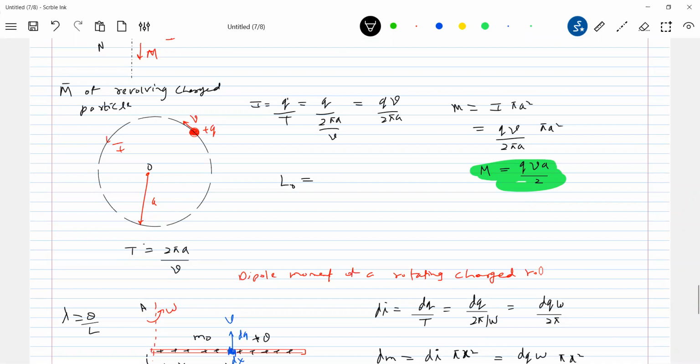It should be equal to m a square into omega. V equals A omega, no? So this will become A square omega by 2.